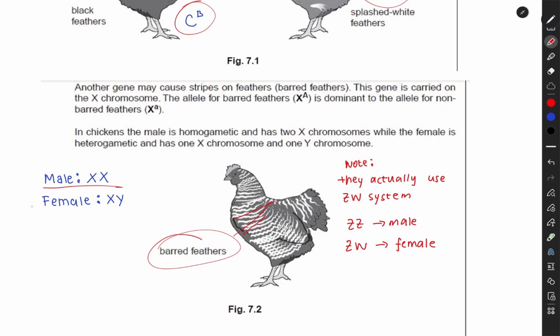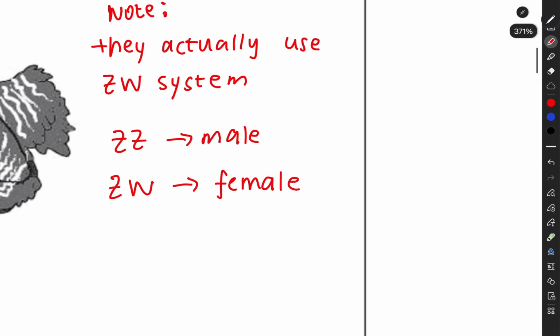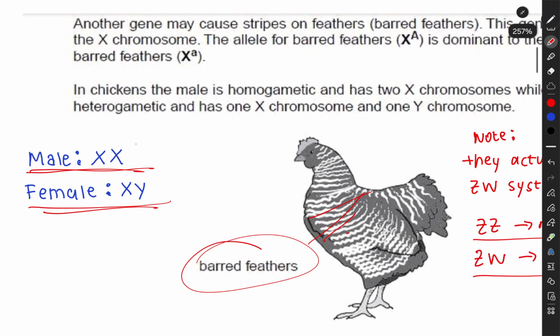In this case it's unique: the male is XX and the female is XY. But actually in real life it's the ZW system, so ZZ is male and ZW is female. In this context we're just going to use XX for male and XY for female. This is an exception. It doesn't work like this in all animals.